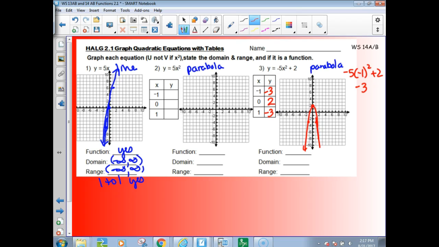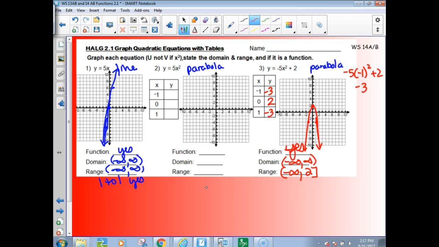We'll be talking about that a lot this year. It is a function. Its domain is still -infinity to infinity, but it maxes out at 2. But wait a minute, we don't start with the largest, we start with the smallest number. So we go from down here, -infinity, up to 2, and we include the 2.